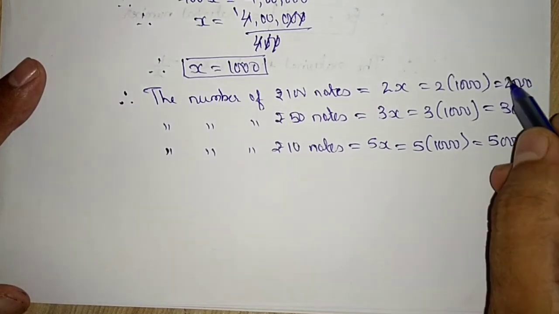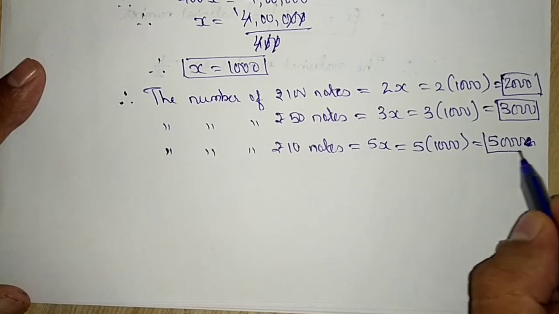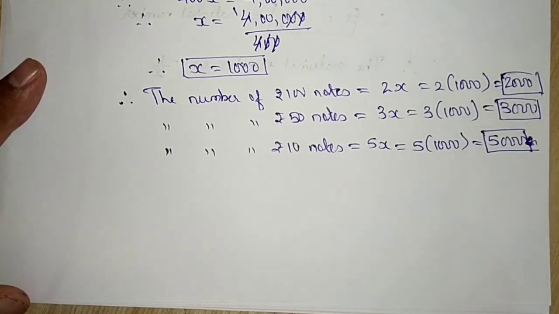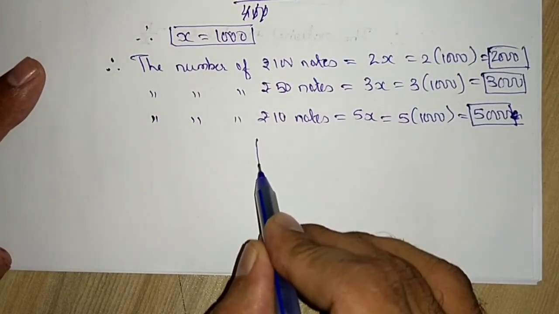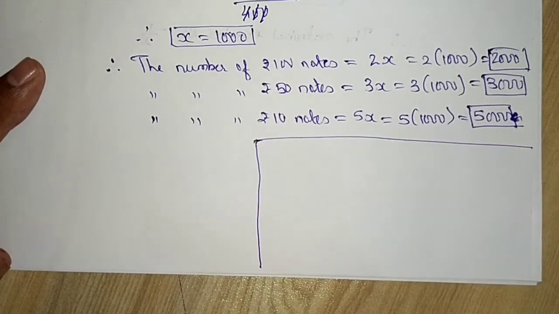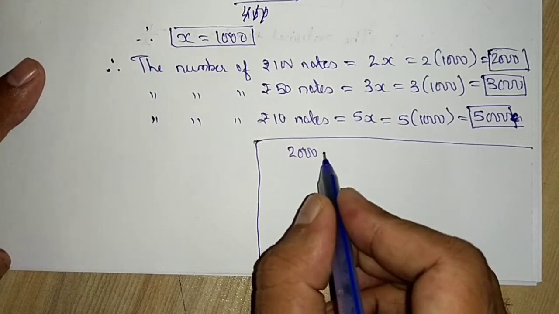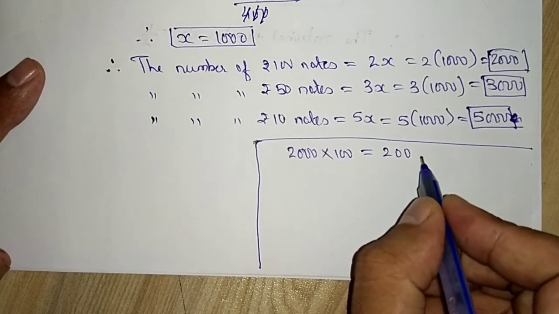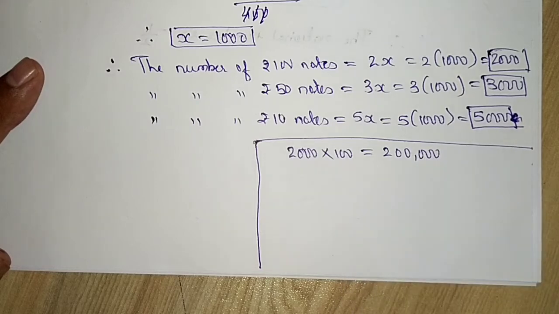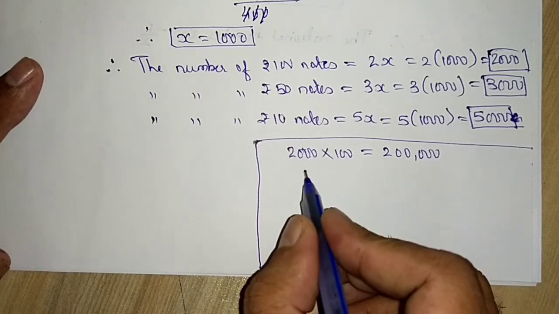Now we have got the number of notes of each denomination. We have solved our question, but is it correct? For that I have to calculate, and I will calculate it in rough. 2000 notes of 100 will give me 2 lakh rupees. If I multiply 2000 with 100, it will give me 2 lakhs.